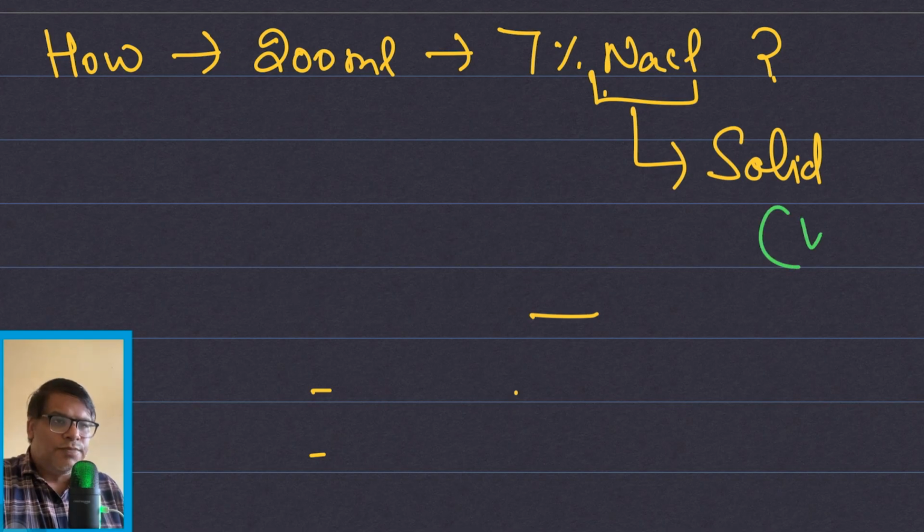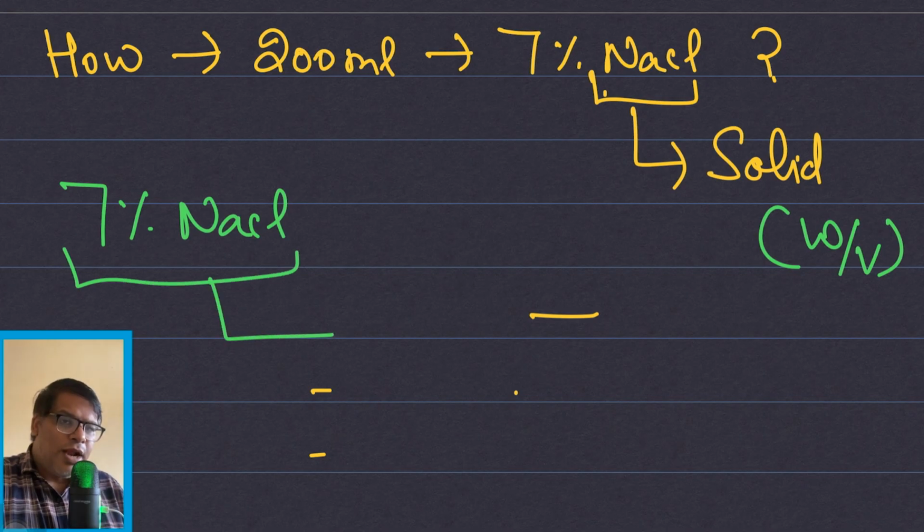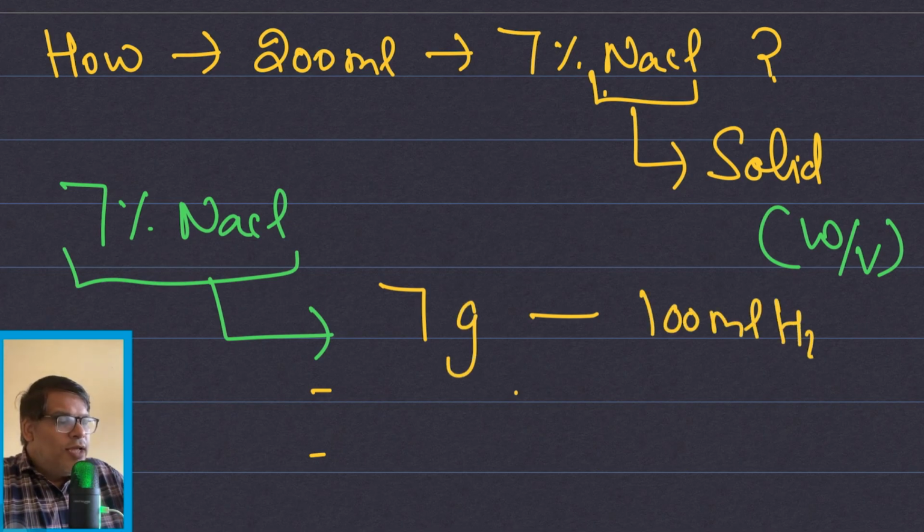Now try to see here. 7% NaCl means you have to dissolve 7 gram of NaCl, and you have to finally make up the volume to 100 ml. Listen carefully: you dissolve 7 gram NaCl and the final volume of the solution must be 100 ml.